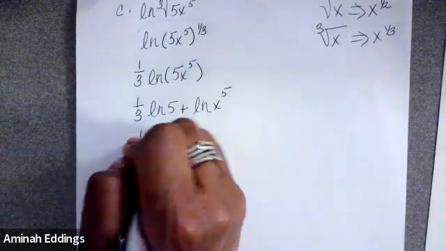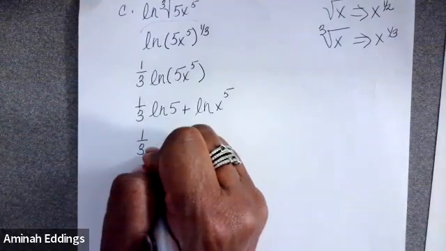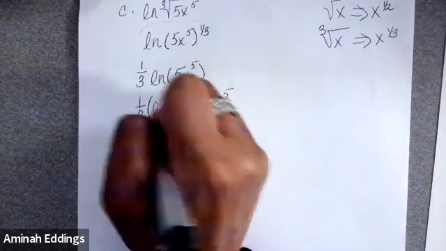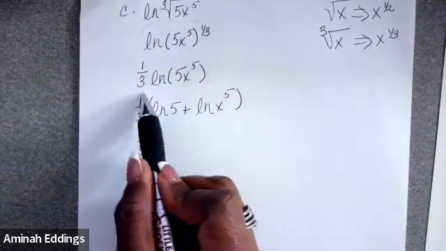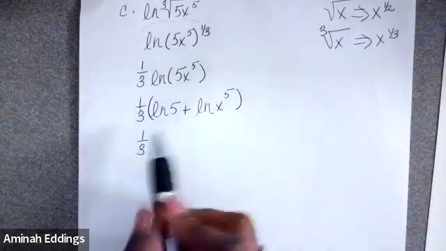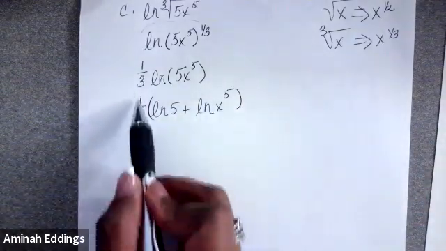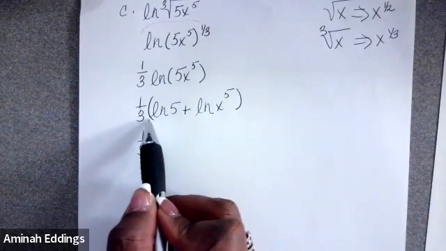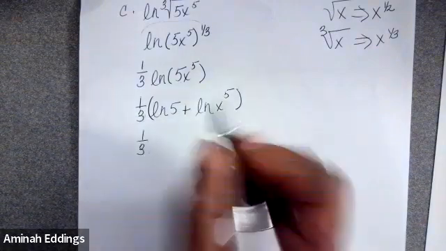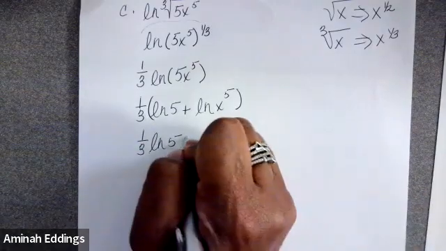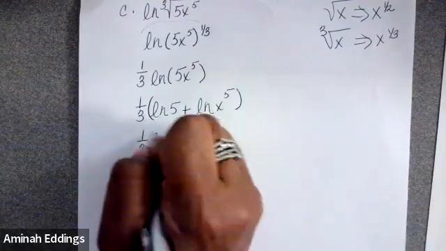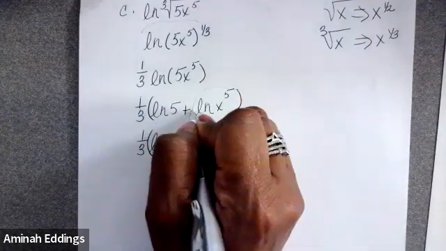Perfect. So 1/3 times the natural log, and actually, let me go back here. I didn't put my parentheses because everything was to the 1/3 power, okay? So when I expand it out, I have to keep it that way. So now this becomes 1/3 times the natural log of 5 plus, move that 5 in front.